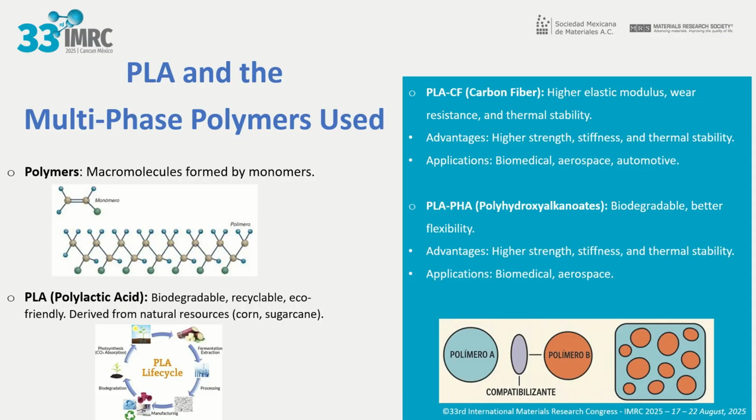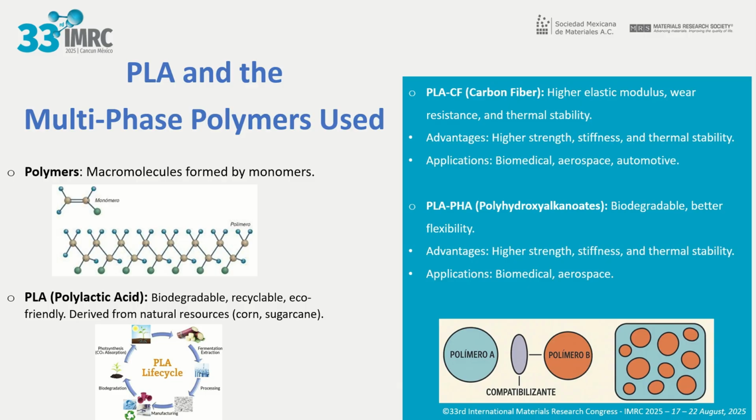PLA and multiphase polymers. As a basic concept about polymers and the material specifically used in the research, we know that polymers are molecules composed of the repetition of simple chemical units called monomers.